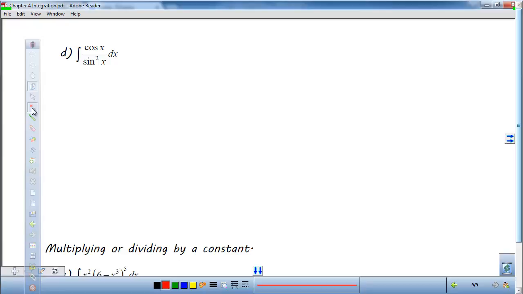But if we choose u to be sine x, then it follows that du equals cosine x dx. Well, what about the square? It's okay because we're just going to write u to the second power.